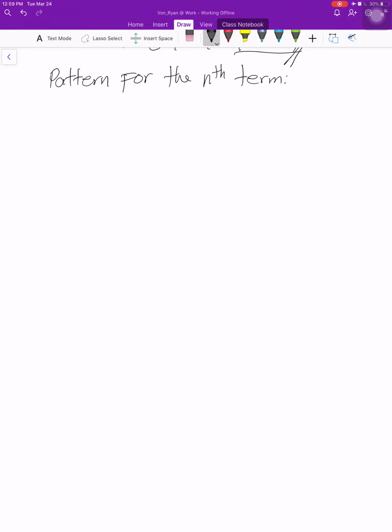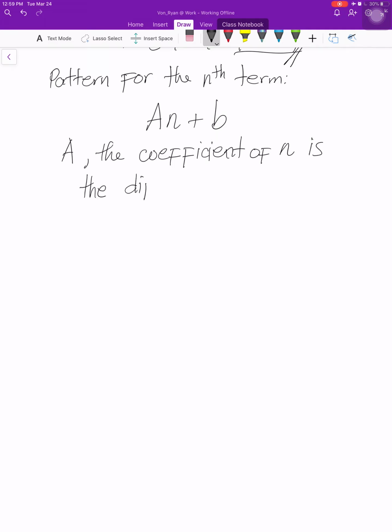It's always in the form an plus b, at least for a linear sequence, where a, which is the coefficient of n, is the difference between consecutive terms.